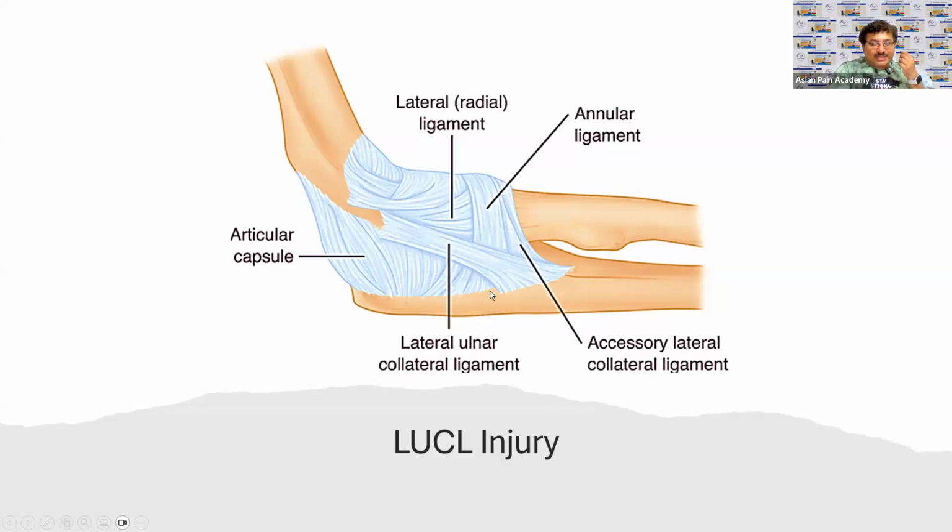Then from the base of the ulna, another ligament goes up to the lateral epicondyle, known as the lateral ulnar collateral ligament. So what is the importance of this ligament? Previously we saw the ligament going to the lateral collateral ligament portion. This can be injured as well, and when this ligament is injured in the lateral collateral ligament complex, it is very important because it causes instability.